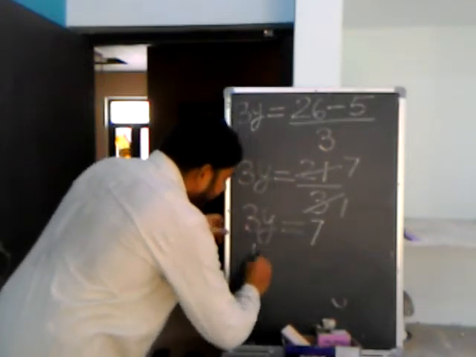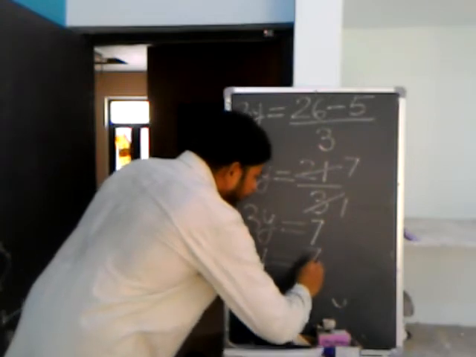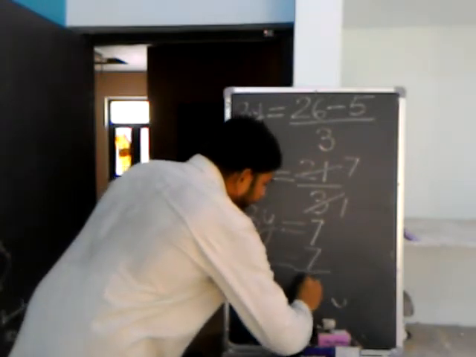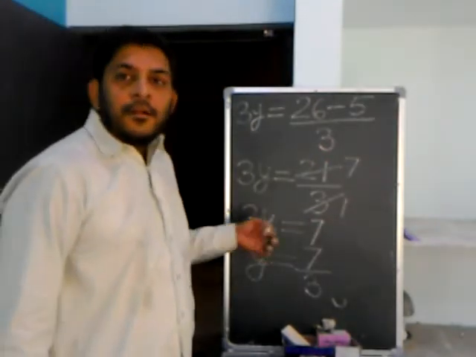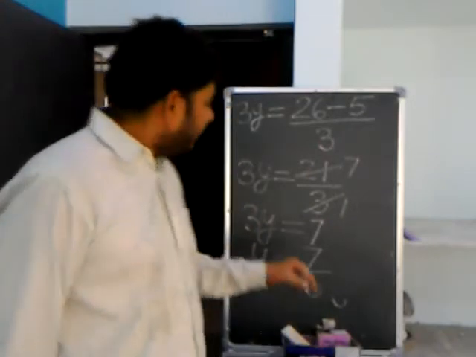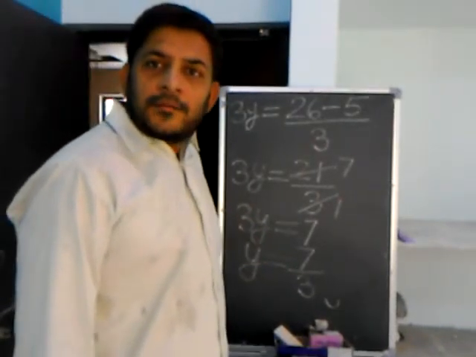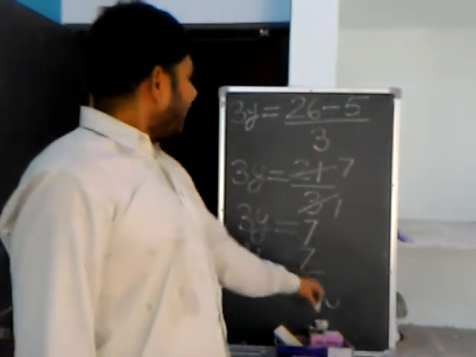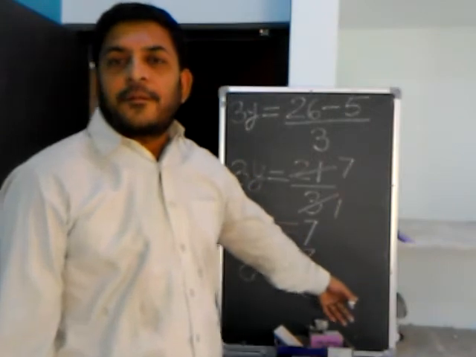On solving this, I will get y is equal to 7 by 3. Why did I do so? Because I know if some number is being multiplied on the left hand side of the equal sign, I carry it to the right hand side and I start dividing by it.